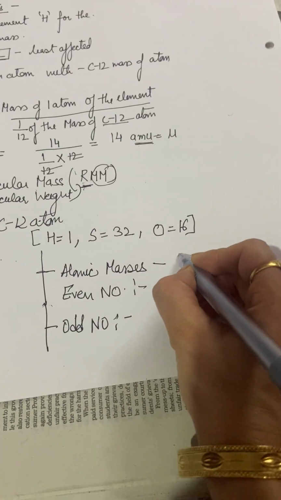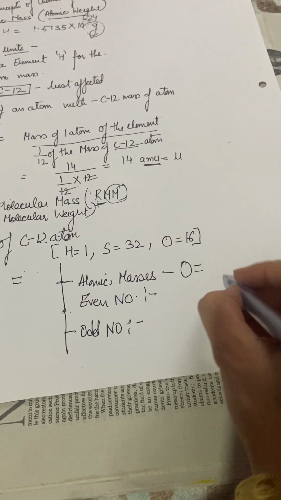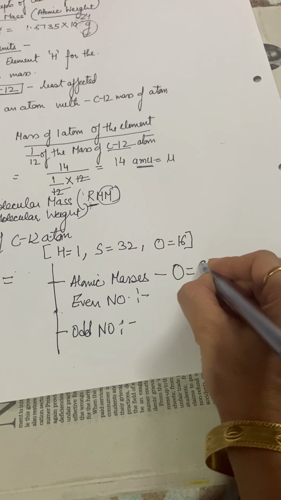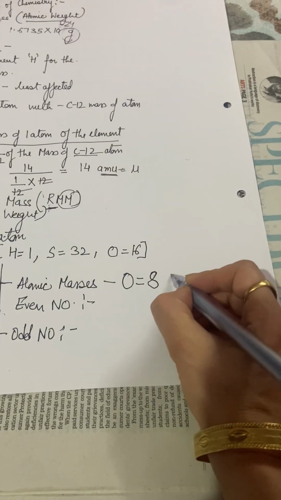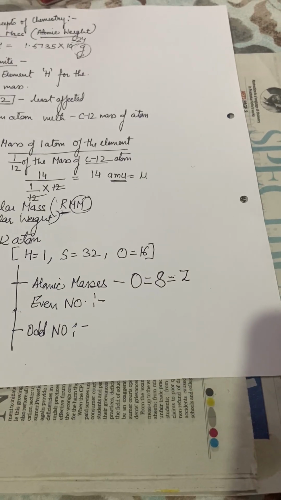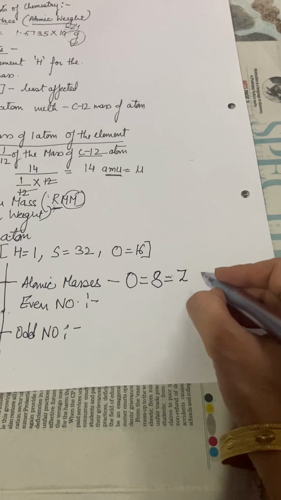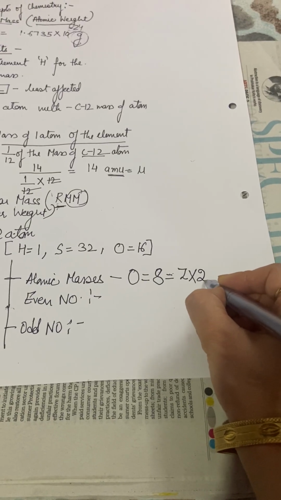For example, take oxygen. Oxygen is an element whose atomic number is even. It is 8, and you know that the atomic number is represented by the letter Z. So what you have to do is multiply Z by 2.